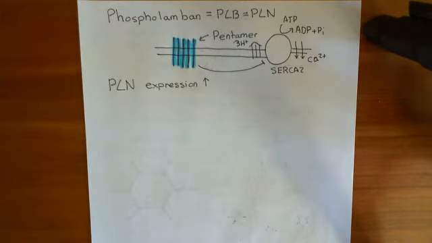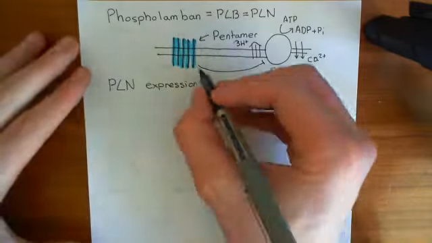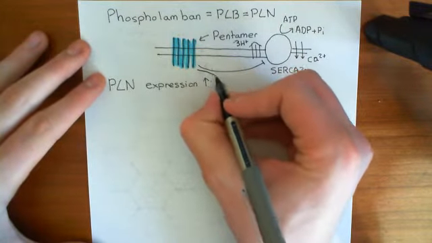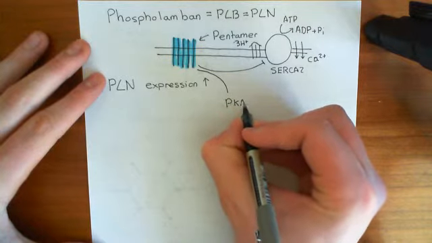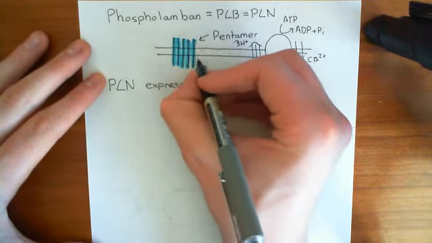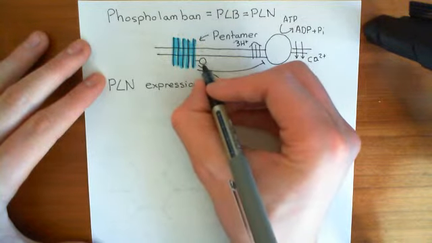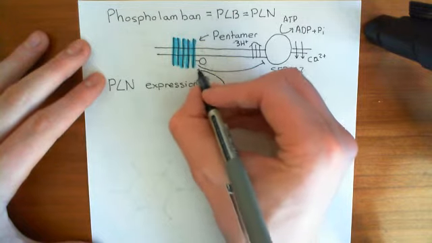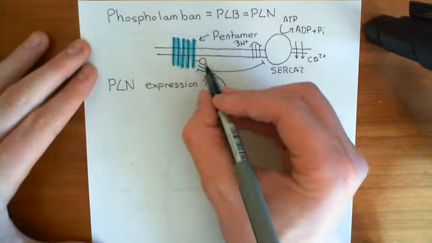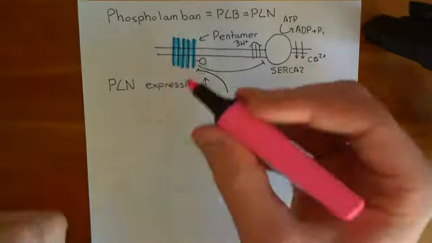Okay, right. In addition, I need to explain one final bit of this physiological pathway, which is that protein kinase A is capable of phosphorylating, so let's stick a phosphate group on here. It's capable of phosphorylating phospholamban, and it will phosphorylate all of them, not just one, but I'll show it like just one. So it will phosphorylate phospholamban and stop it from binding to the SERCA2A.